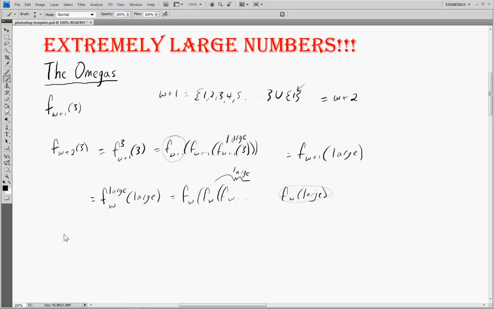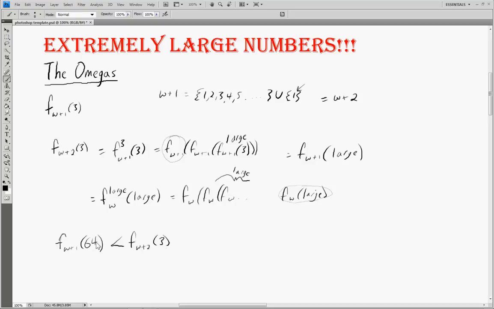One thing we did last time was a number that was similar to Graham's number, f omega plus 1 of 64. Well, I can totally blow this out of the water with such a small input as 3 if I just plug it into f omega plus 2.